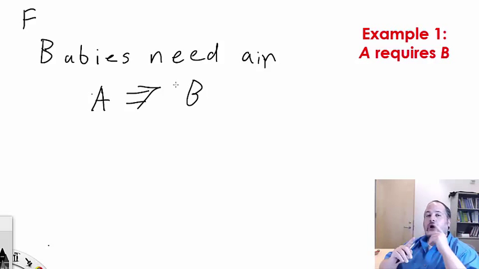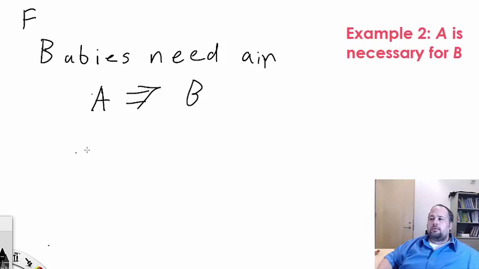Anywhere with need or require, we know that it's going to be A implies B. So that one's pretty simple because it can't be that air needs babies, right? That can't be true. And we know that without air, babies die.